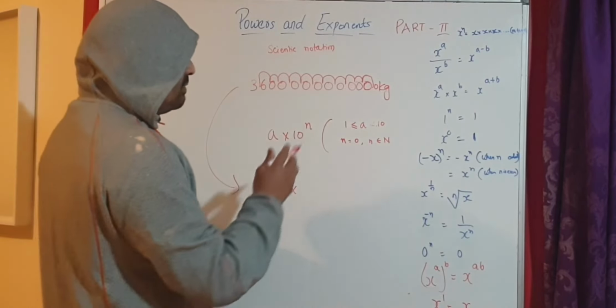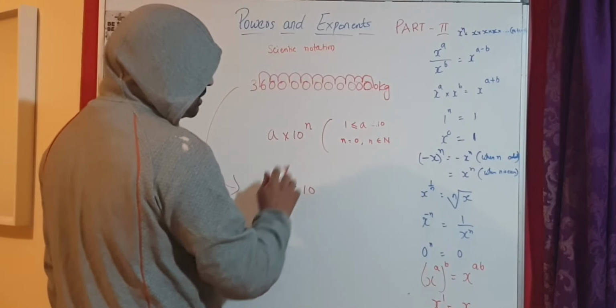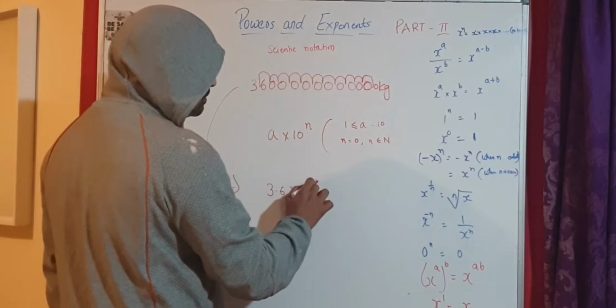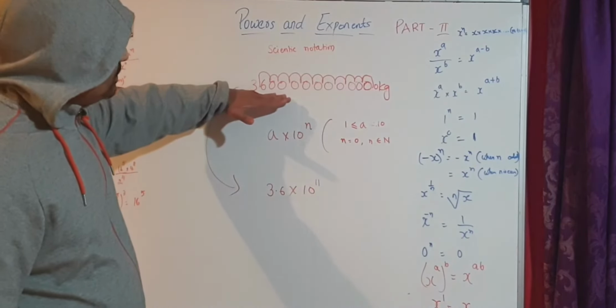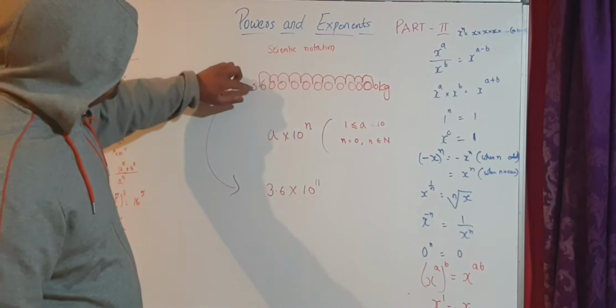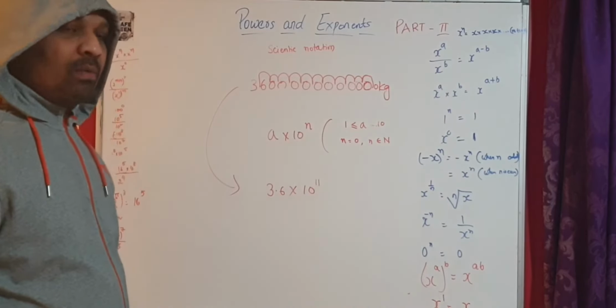If you move your decimal point to the left, you write 10 to the power of n, and in place of n, you put 11 here. So this number, 3, 6, and after that 10 zeros, this 0 is not there originally. I put a 0 here just to represent the decimal point.